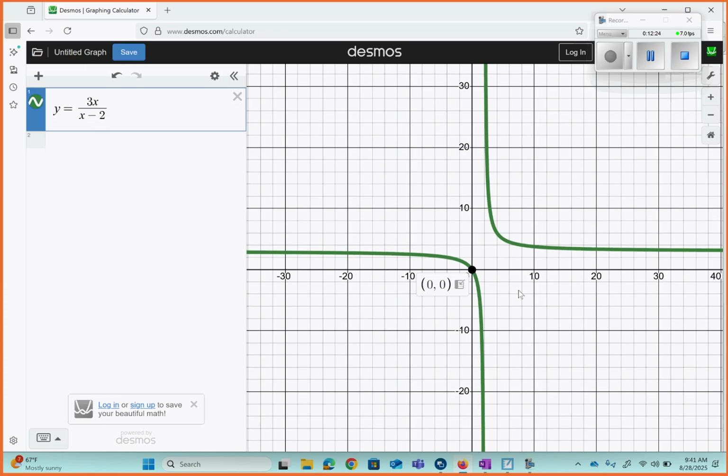So that's the solution in the real number system. Again, the real number system is the name of the number system. It's called the real numbers.